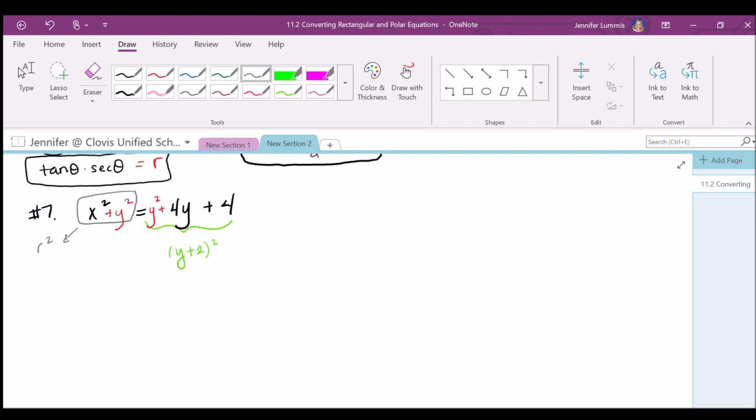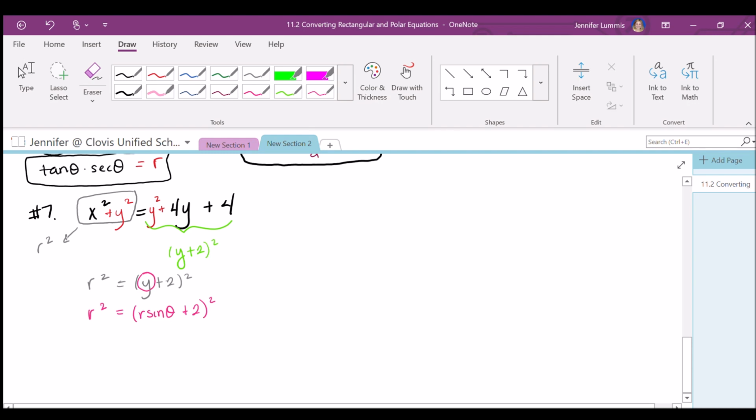So you can see we have r squared is equal to y plus 2 squared. So again, it's partially converted and then not. So over here, we're going to go ahead and replace y with r sine theta. So we're left with r sine theta plus 2 squared is equal to r squared.